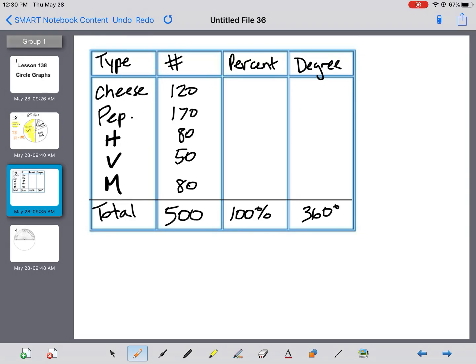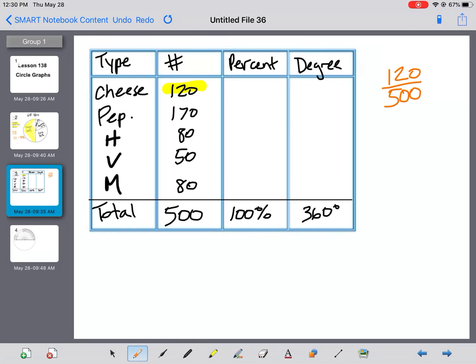All you have to do is think about each number as a number out of the total. So you could think of this as 120 out of 500, or think of that as a ratio, 120 to 500, and hopefully you remember that the way to convert that to a percent is you just do the top number divided by the bottom number.